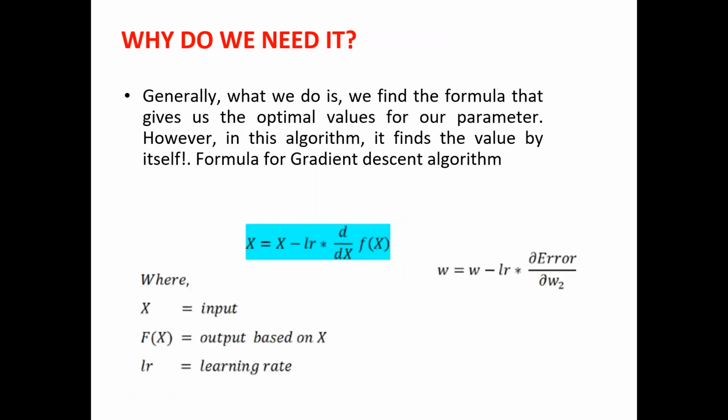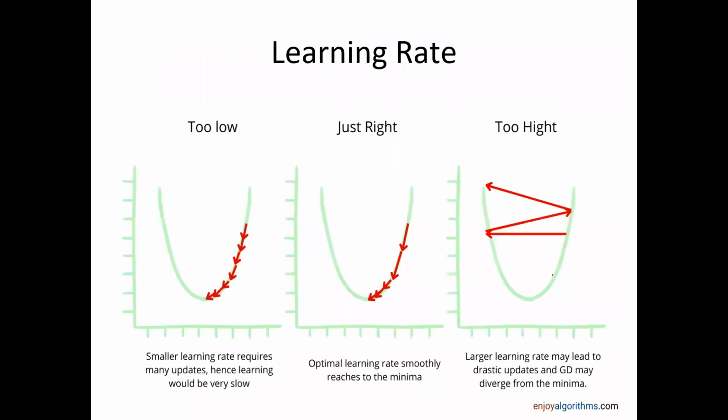This formula is a general formula for the gradient descent algorithm that is rewritten based on the weight. Why do we write the equation for weight? Actually, we adjust the weight value and try to reduce the error value. Here we introduce one term called learning rate. It means how fast the model will learn the given data. Okay, this is the gradient descent formula for error calculation, that is weight adjustment.